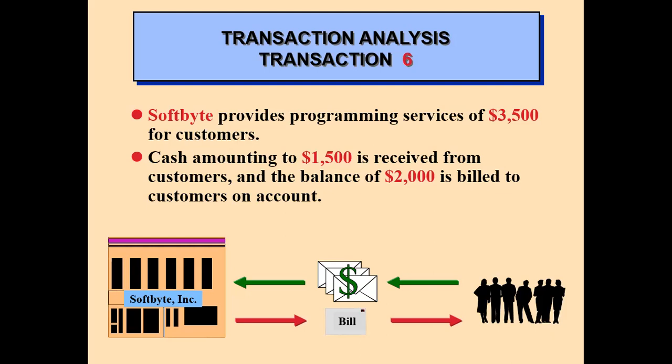They provide services for 3,500 taka, but they receive cash 1,500 taka. So for cash, no issue. First of all, you see this 3,500 taka, we will write it in the revenue column, service revenue. This is a service revenue because we provide services, so we'll write this 3,500 taka on the revenue column. Is it clear?